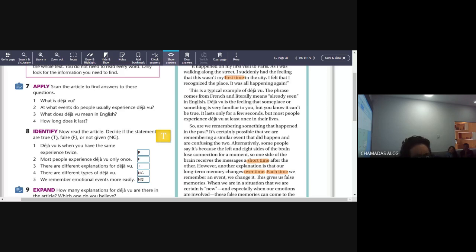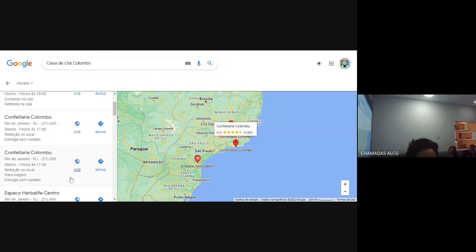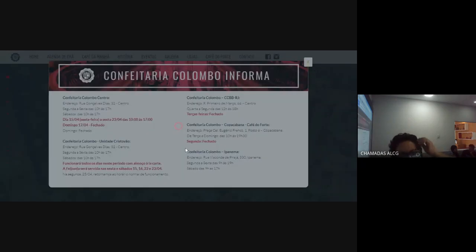It's a very nice place. They have, let me show you guys, that tea house here, downtown Rio, Copacabana, and some other place, I guess. They have many addresses. Wow. It's like a hotel. The decoration is really amazing. Let me try to find the site here so I can show you the picture of the place and then you understand what happened. It's so beautiful inside.